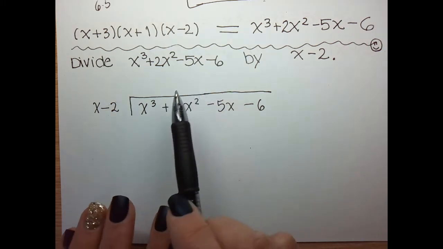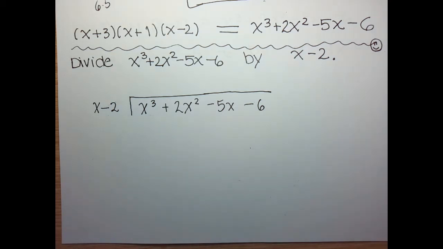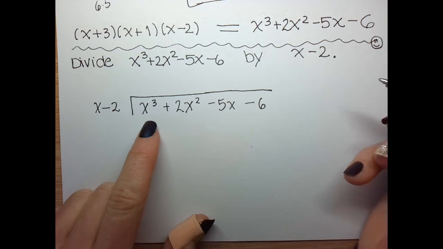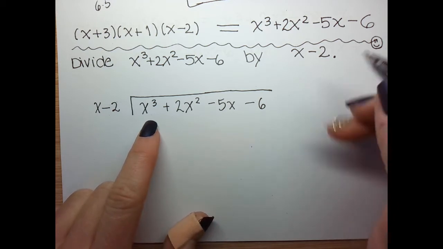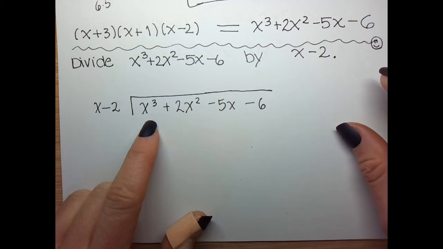When we do these, you also want to make sure they're in standard form, that all the like terms are combined, and if anything's missing, that you put in what we call a placeholder, but we'll see that in a later example. Okay, ready? Let's go. To do long division of polynomials, it's very similar to that conversation we had with 145 divided by 3.